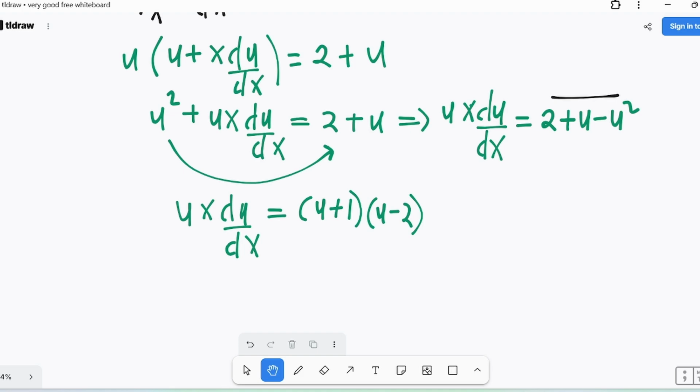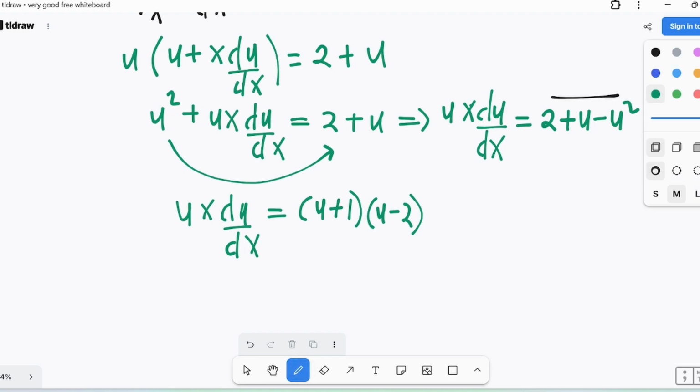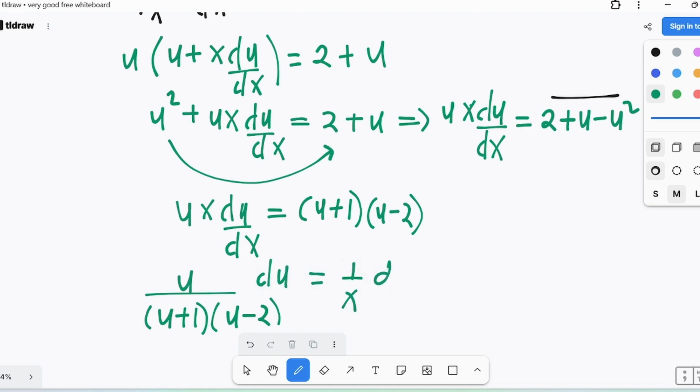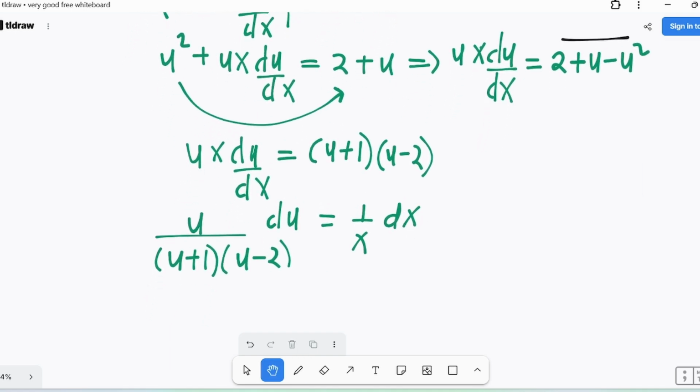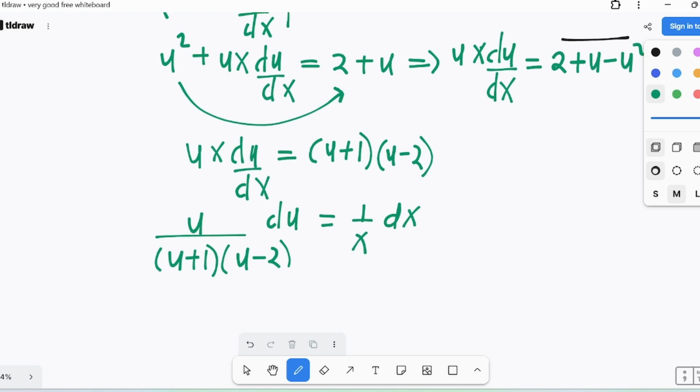On separating variables, we have u out of u plus 1 into u minus 2 du is equal to 1 out of x dx. So the next thing is we integrate on both sides.